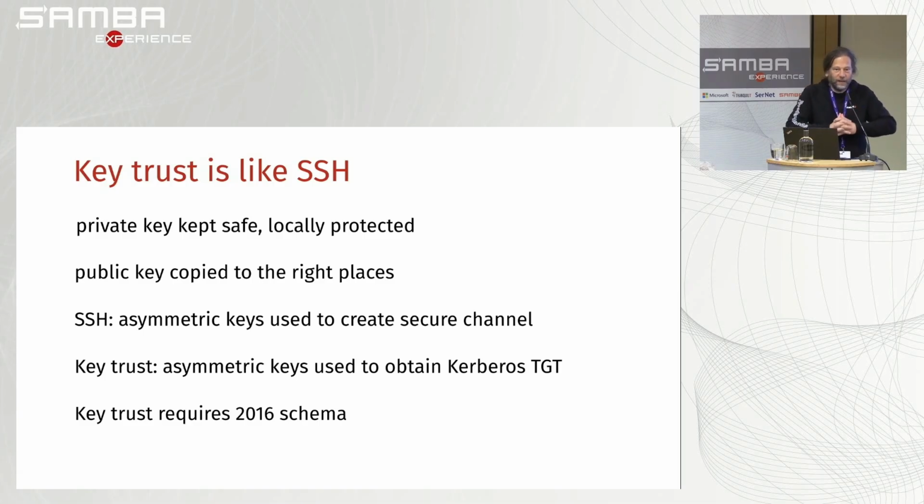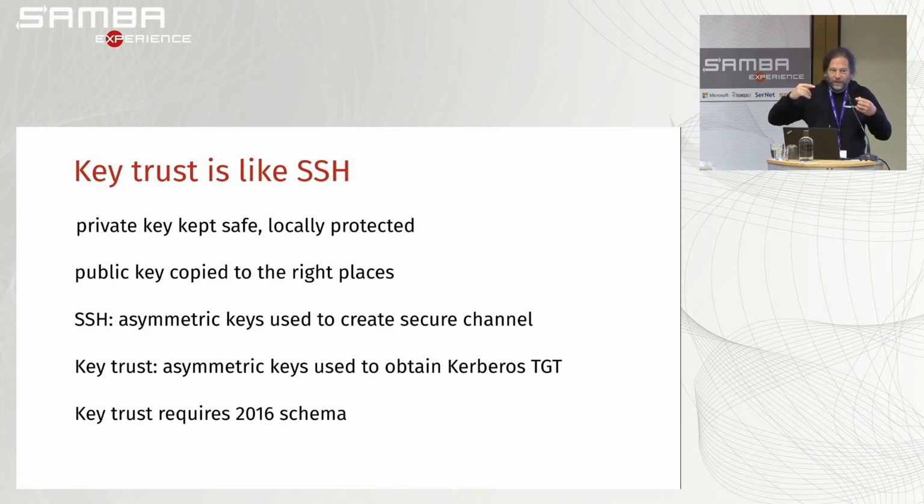So with the key trust model, on your laptop you have your private key, like in SSH, and then you put your public key on the... Now, in SSH, you put it on the machine you want to log into, and in key trust, you put it on the AD object that you want to authenticate as.